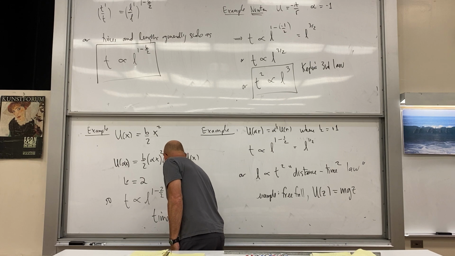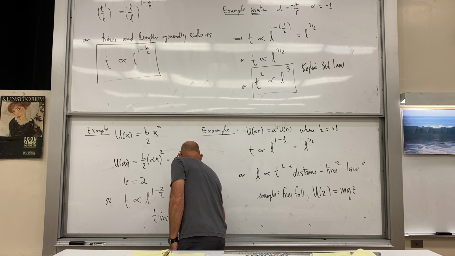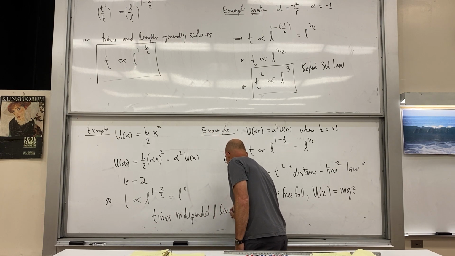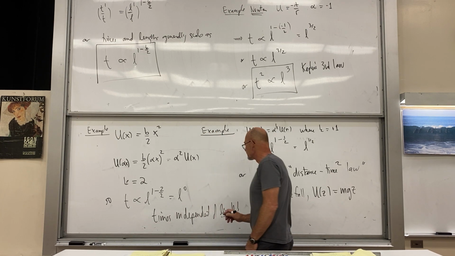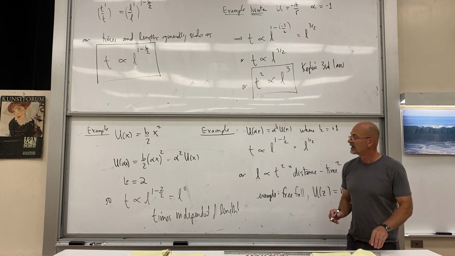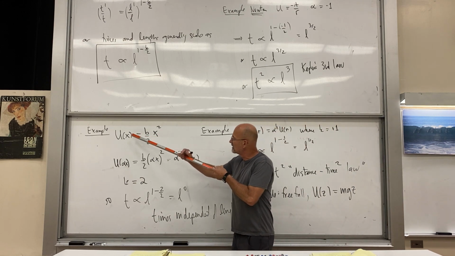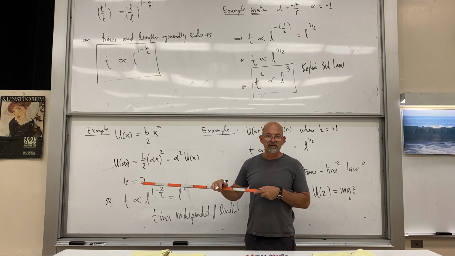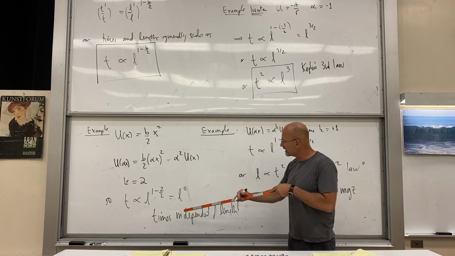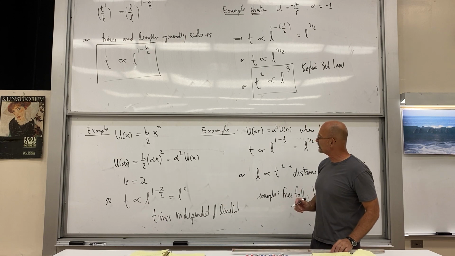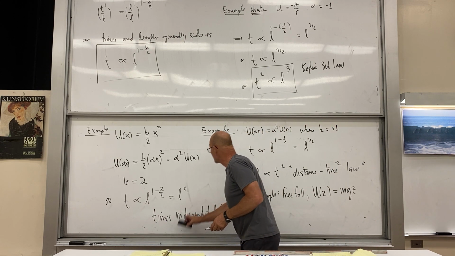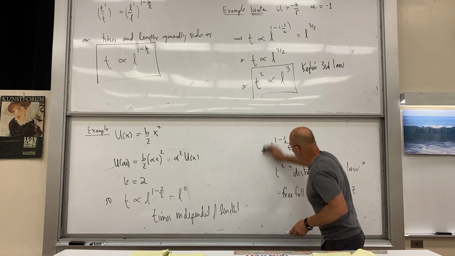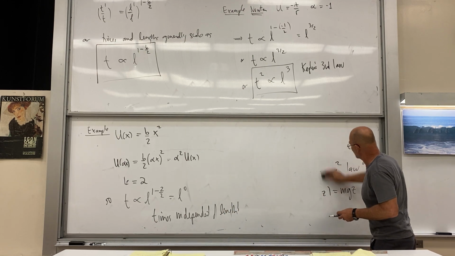Times independent of lengths, exclamation point. So what is that? Well, this is Hooke's law potential energy. The system is the harmonic oscillator, and the harmonic oscillator has periods that are independent of amplitude. So let's write that down. Harmonic oscillator, period independent of amplitude.